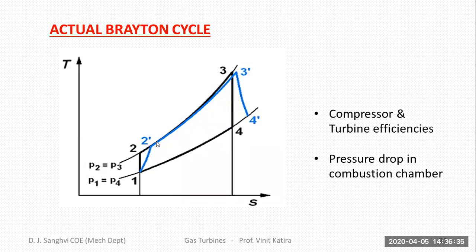So in the combustion chamber, there is a pressure drop. So 2 dash to 3 dash is your actual heat addition process, and 3 dash to 4 dash is your actual expansion process. It is not isentropic, it is a polytropic expansion process.